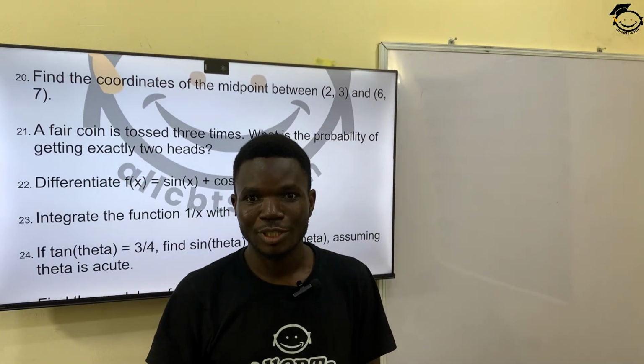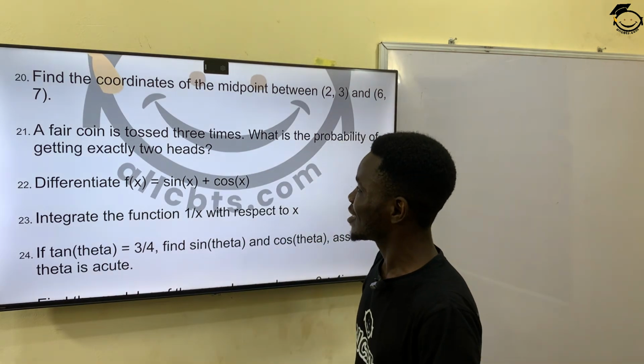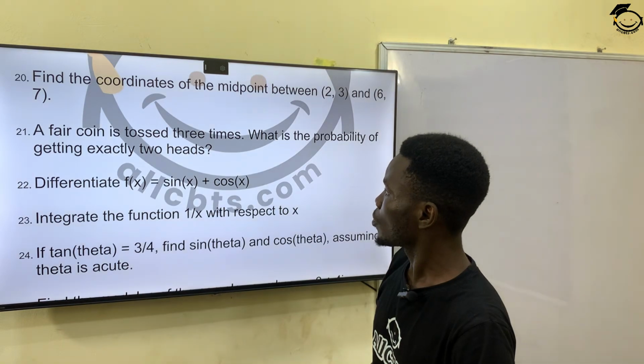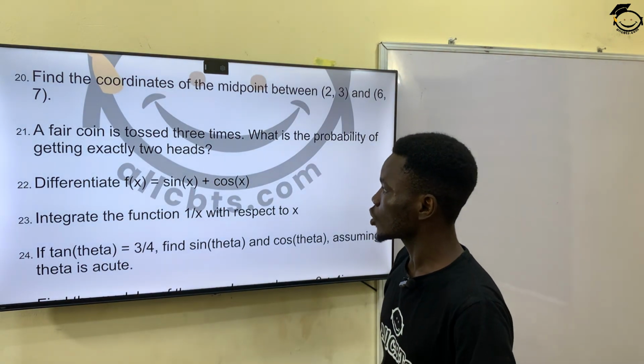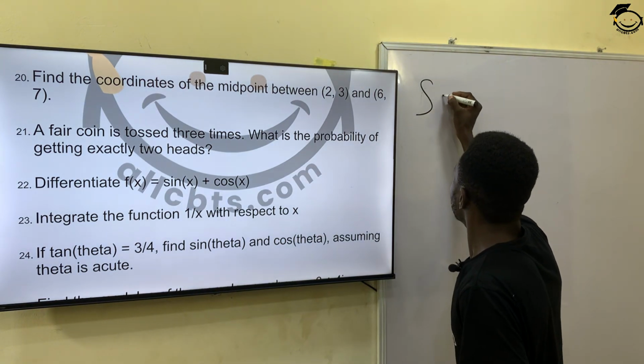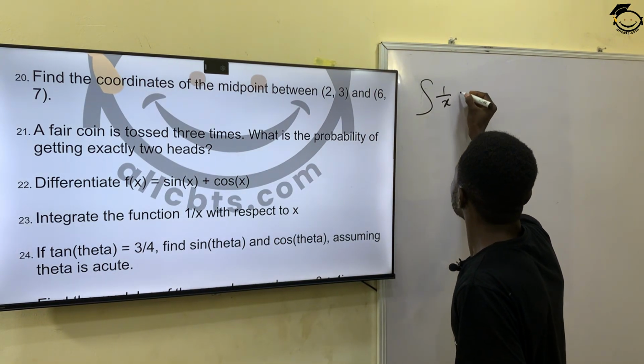So that takes us to the next question, which is question number 23, which says integrate the function 1 over x. So we're looking for the integral of 1 over x dx.